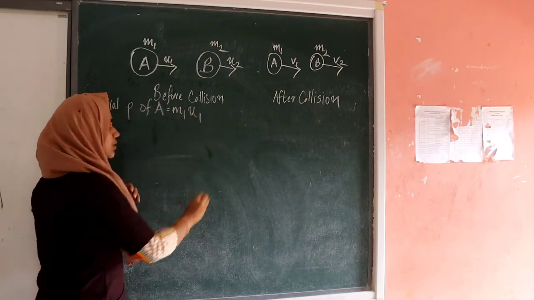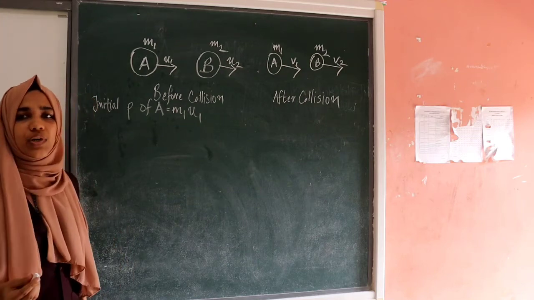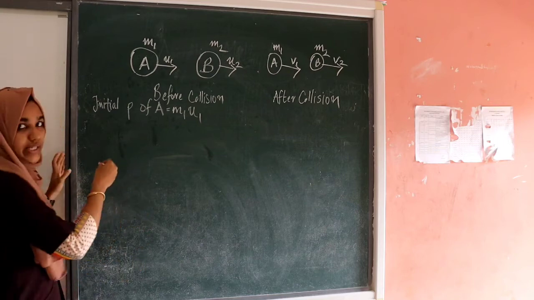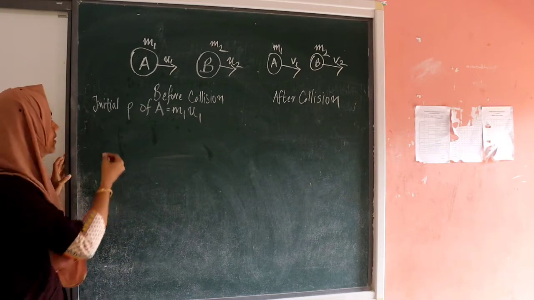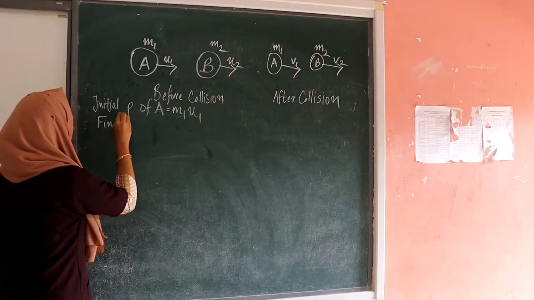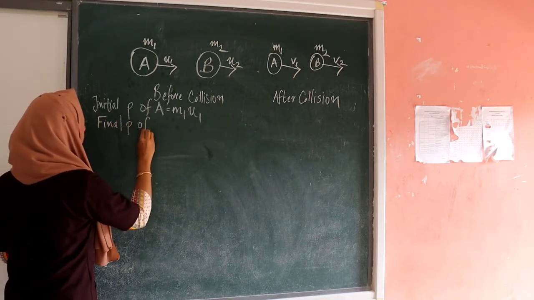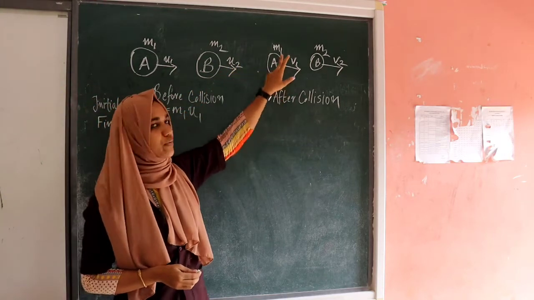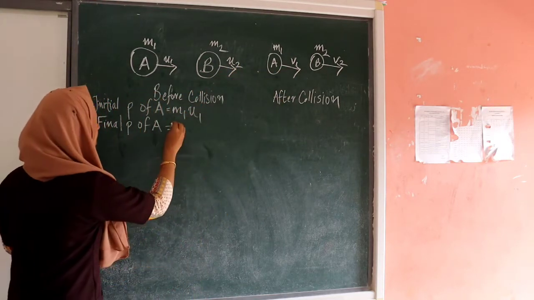Is it clear? After collision, what happened? The velocity changes. Then the final momentum of A is M1 V1. Is it clear?